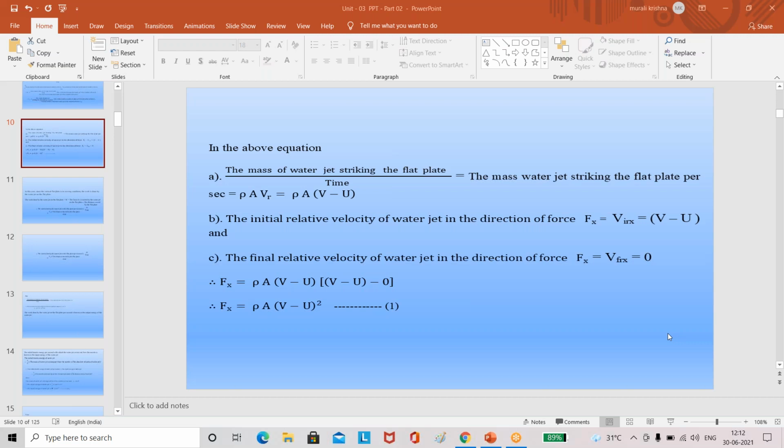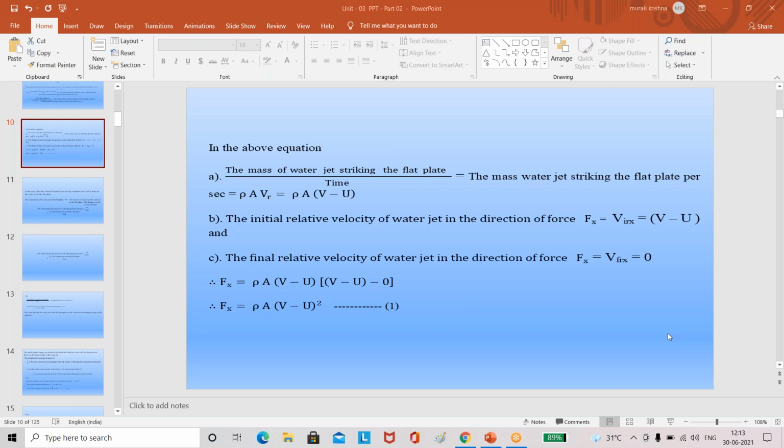From the fundamentals of physics, you know, if a body is in moving condition due to the action of force, then we can say the force did work on that body. So here also the vertical flat plate is in moving condition.